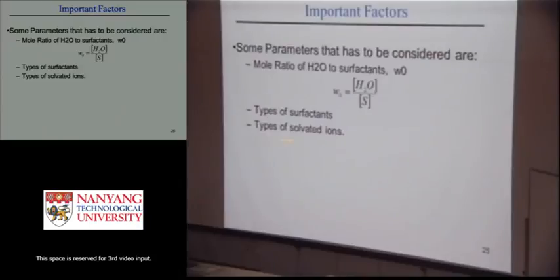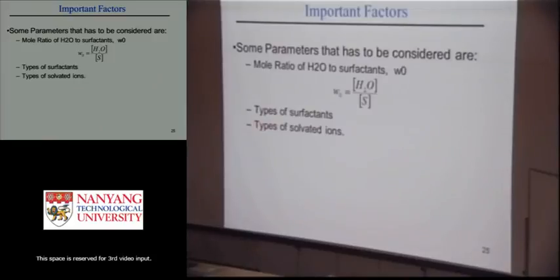Other factors can also affect the formation of the droplet in the microemulsion. First one is the type of surfactant. Just now I mentioned the phase diagram is closely related to the type of surfactant. Different surfactants have different phase diagrams. Obviously, the surfactant should play a very important role in how the droplet forms, right?